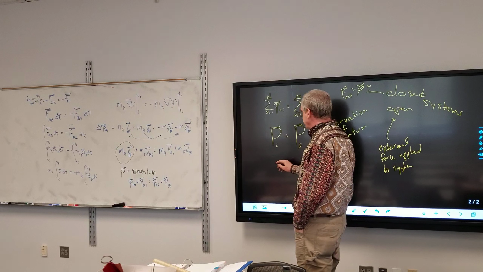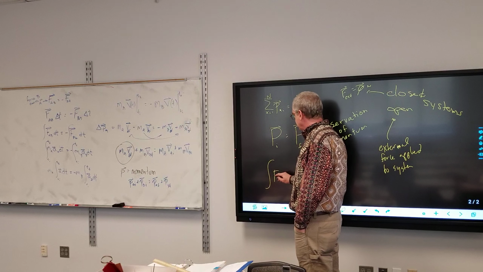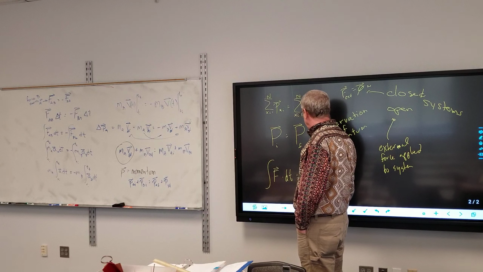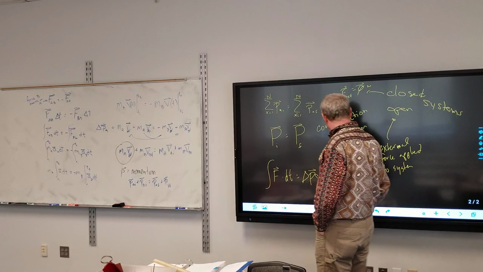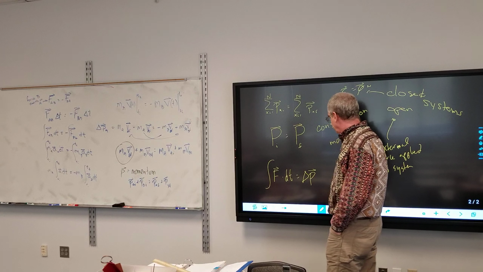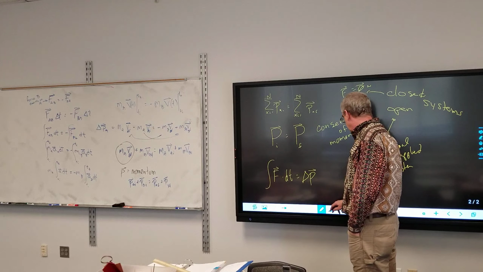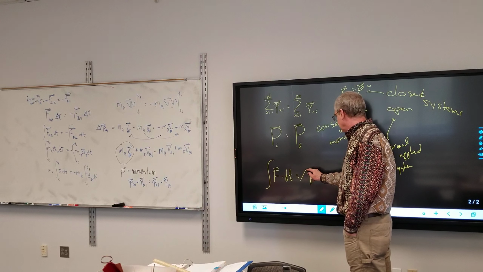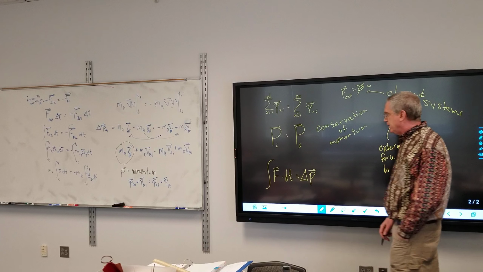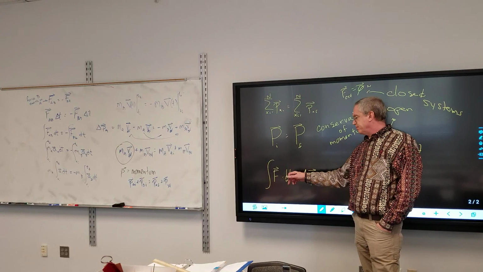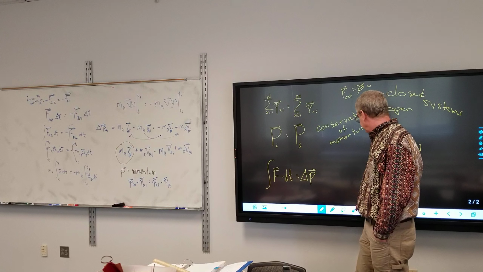Or we can make it a little fancier: F dot dt is equal to the change in momentum. Absolutely horrible delta. That's just a multiplication dot there. That dot probably won't get rid of it.